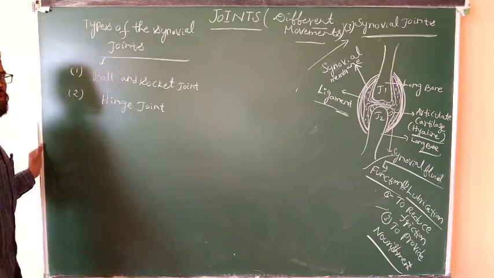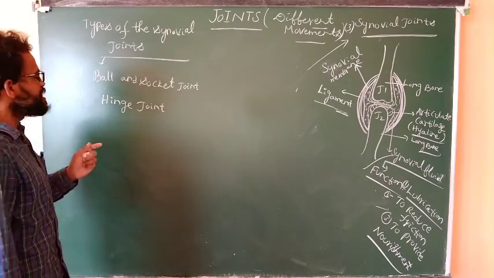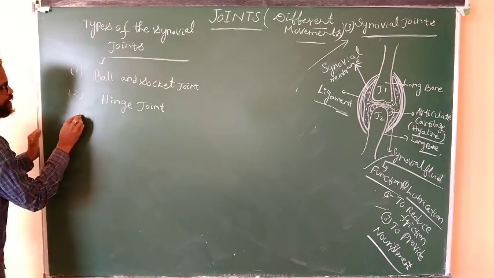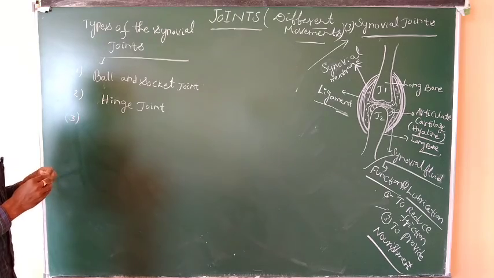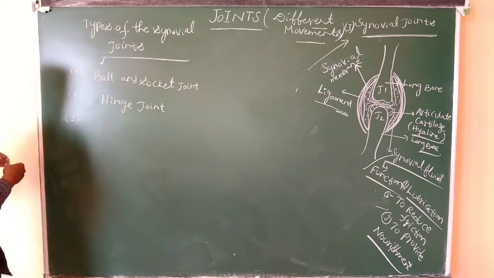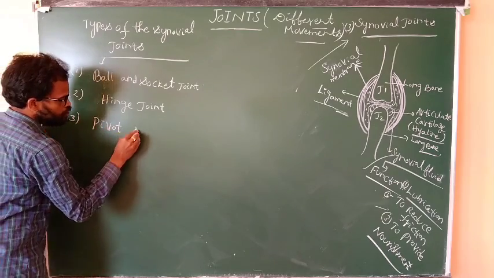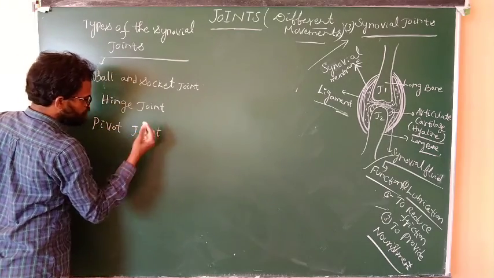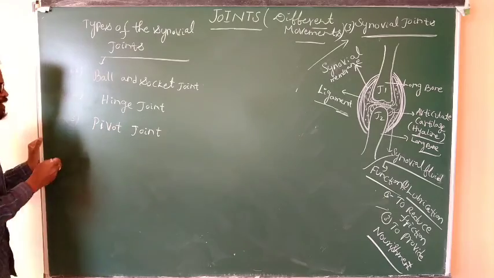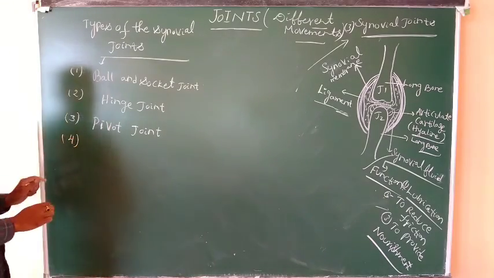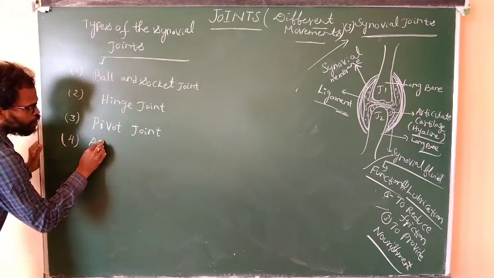The third type of the joint is the pivot joint. The fourth one, after the pivot joint, is the angular joint.